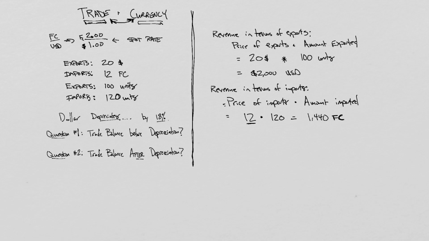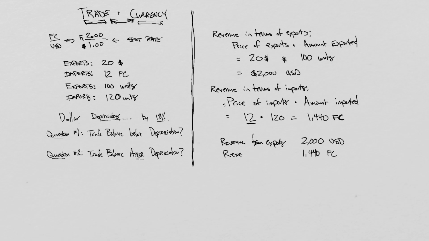So, pre-depreciation, we had revenues from exports, in summary, of 2,000, but the U.S. imported 1,440. This is in foreign currency, and this is in terms of USD.